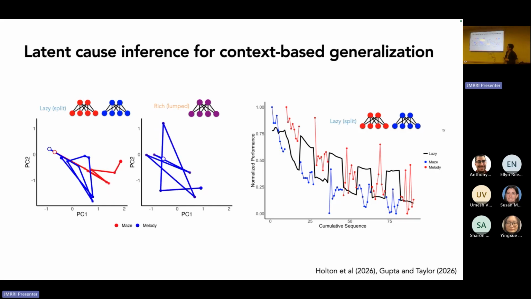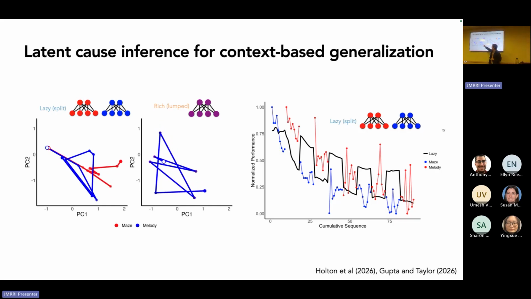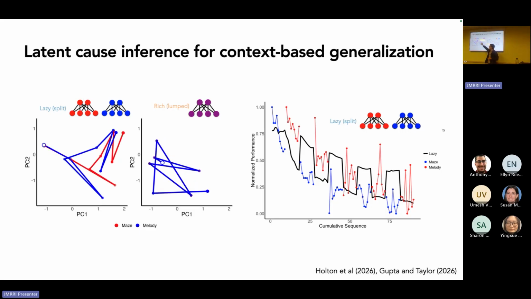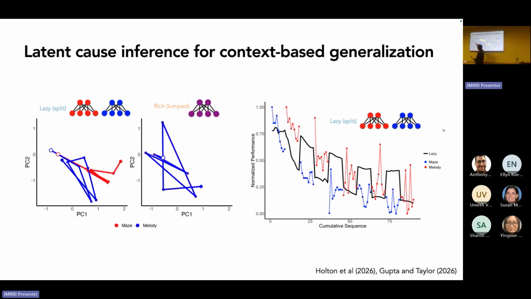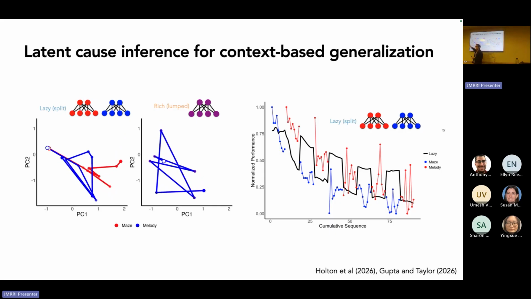You can look at the principal components, and you can see how this evolves over time. Under the rich one, you only get one representation that's formed, moving through this psychological space. In the split context, when you have this broad initialization, you've got two contexts. When you're in the maze context in red, that's how you're tracing out the representation of space.